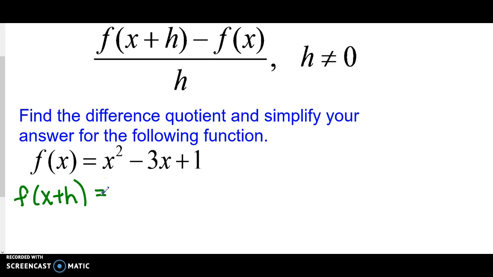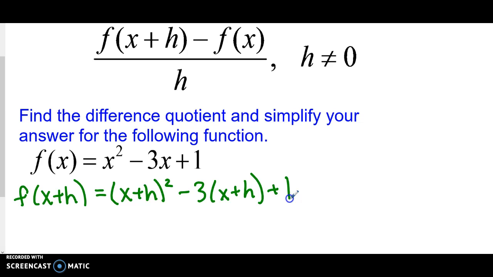Well, this actually reminds me of example C from the beginning of this video. Wherever we had an x, we're going to plug in an x plus h. Yes, eventually we will simplify this. Okay, so now that we have that, let's put that into our difference quotient. So I'm going to take this right here and substitute it in for f of x plus h.